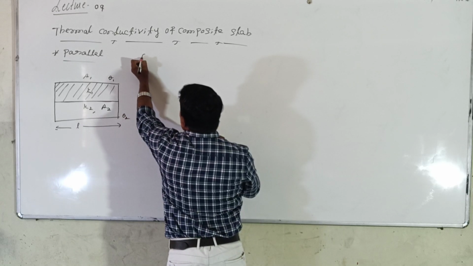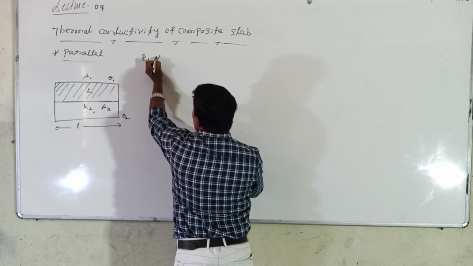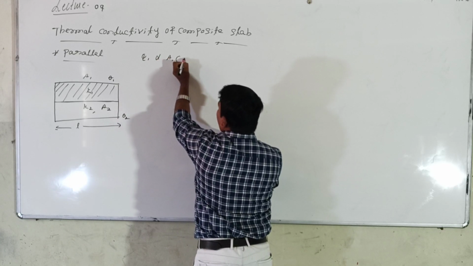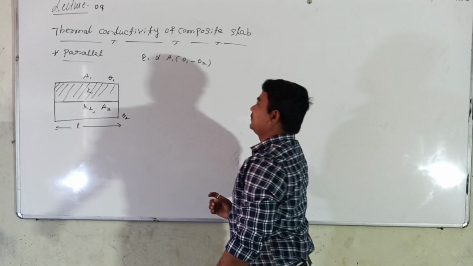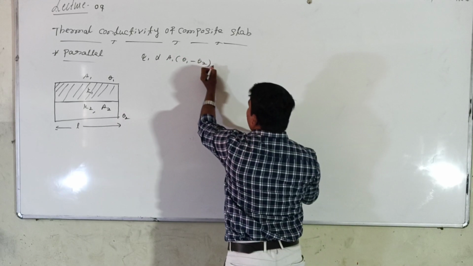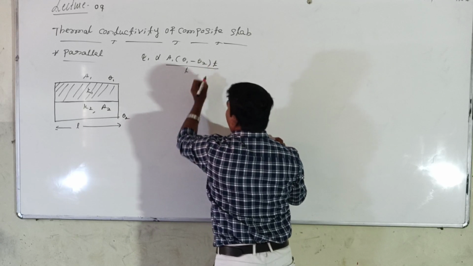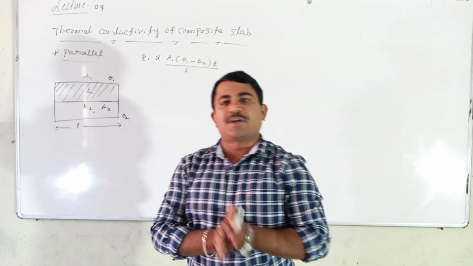For one slab, the amount of heat flow Q1 is directly proportional to area A1, directly proportional to the difference in temperature theta 1 minus theta 2, directly proportional to time elapsed and inversely proportional to the length of the rod, according to the laws of thermal conductivity.